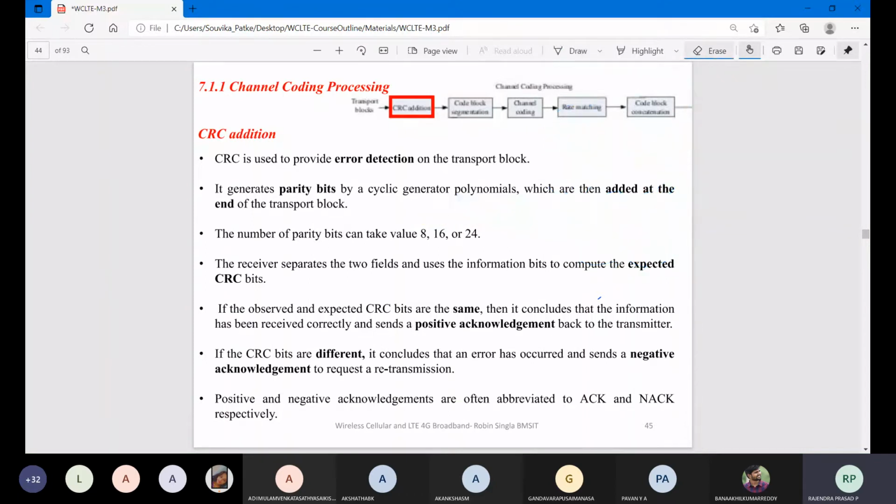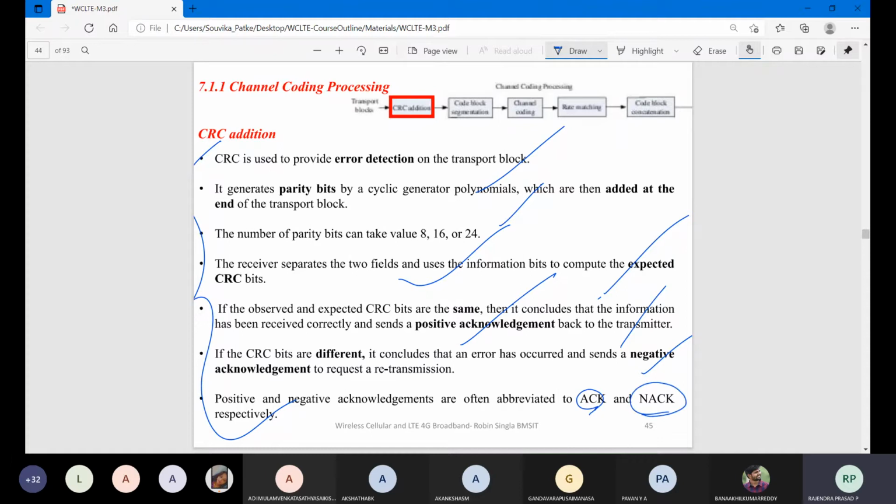So what are the features of this CRC addition? Here he is stating all the points with respect to those values. Positive and negative acknowledgements are abbreviated as ACK and NACK. These are the important features of CRC addition.